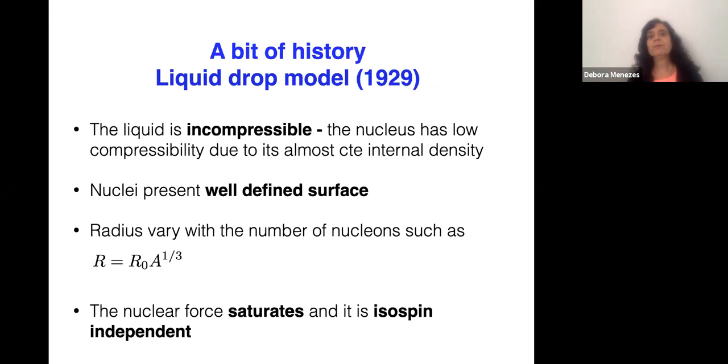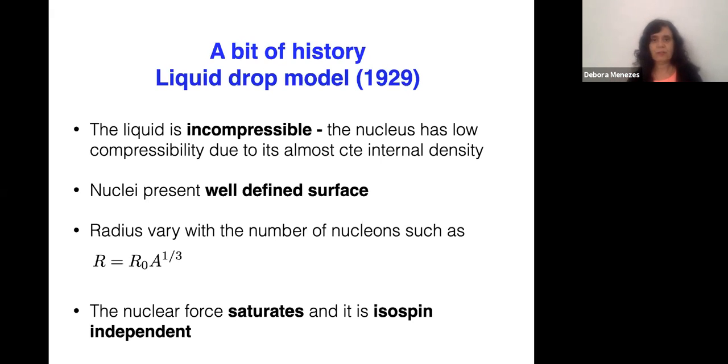So one of the first models was the liquid drop model, proposed in 1929. And according to this model, the nucleus is like a liquid, which means that it's incompressible, or in other words, the compressibility is limited. And this is so because the internal density of the nucleus is more or less constant. And it presents a well-defined surface.